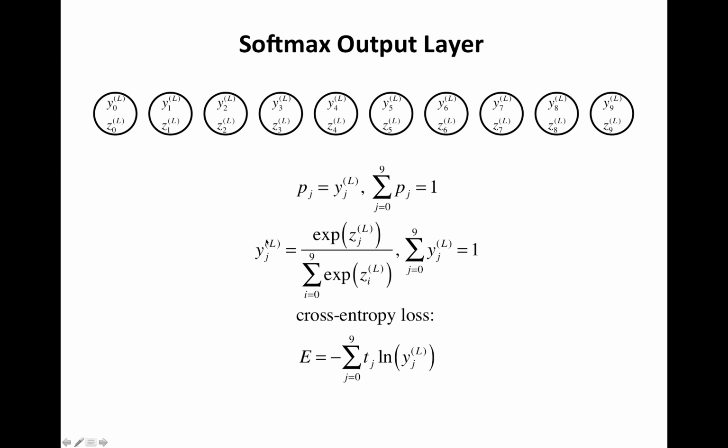So Y L j can indeed be interpreted as a probability, because this exponential function makes sure that Y L j is always positive or 0, and the summation over all the j's equals 1.